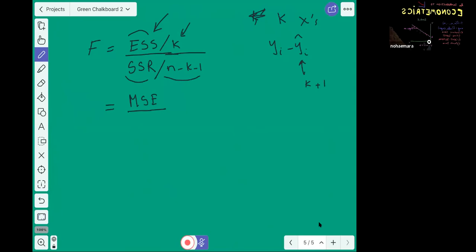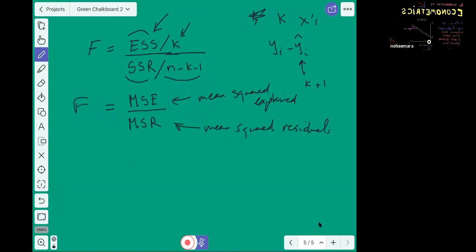So it's the mean squared residuals. So this one is the mean squared explained, and this is the mean squared residuals. Do you get that the F statistic is a ratio between these two?